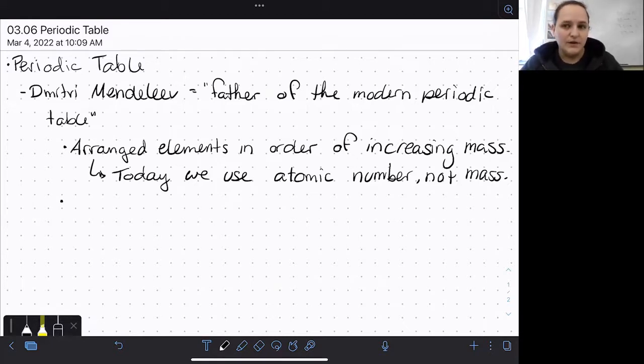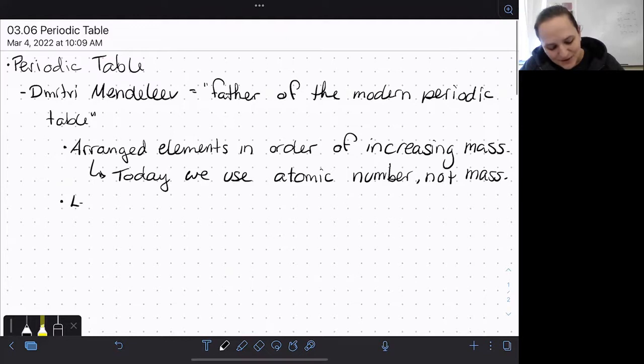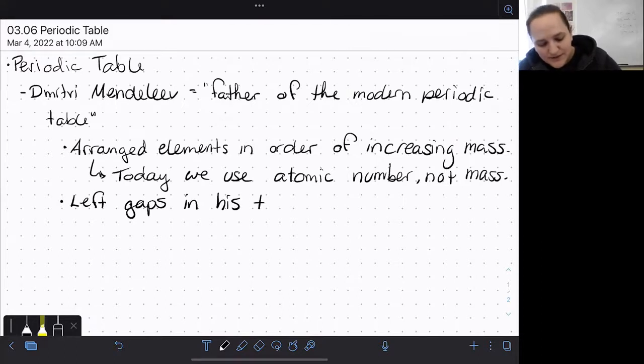But Mendeleev really felt like the trends should be pretty close to perfect. So what he actually did in his version of the periodic table was he left gaps in his table where he predicted there was an element we hadn't discovered yet.